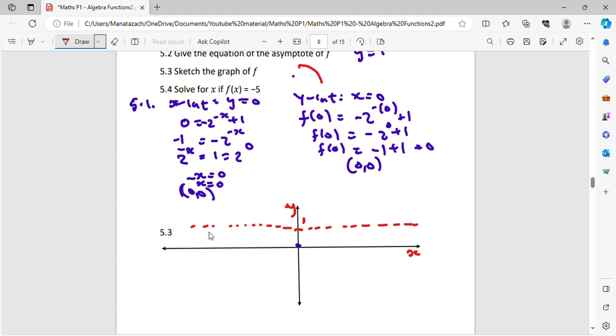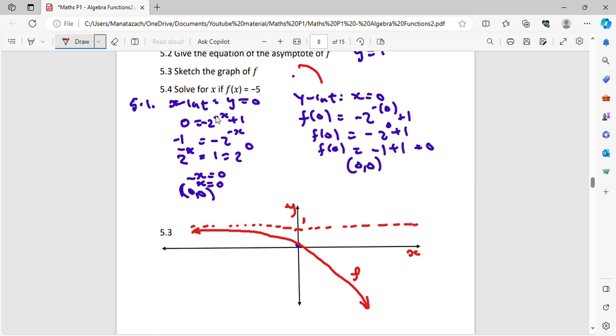That means our graph will look something like that, to infinity. You can name it graph f. So that's the answer for 5.3.